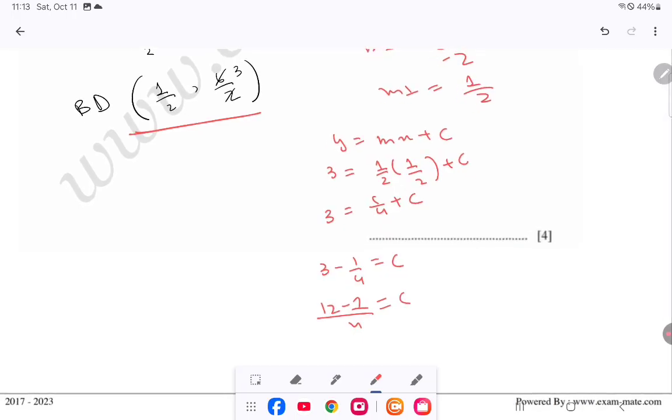Now 11 over 4 will become our value of c.